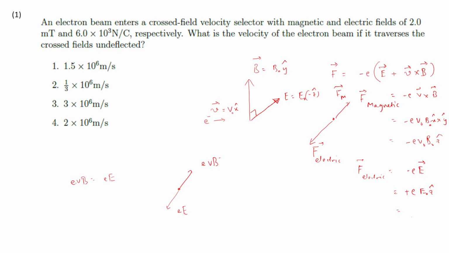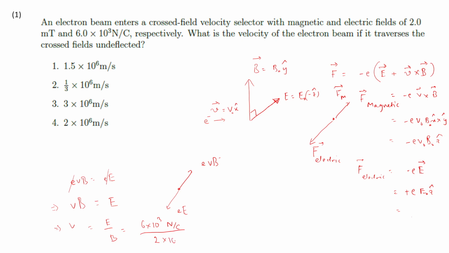So what we will have finally is, the e cancels, and we have v B equal to E, and this velocity v or the speed is equal to E by B. Now it has been given that E is 6 into 10 to the power 3 Newton per Coulomb, which is already in SI unit, and B is 2 millitesla.